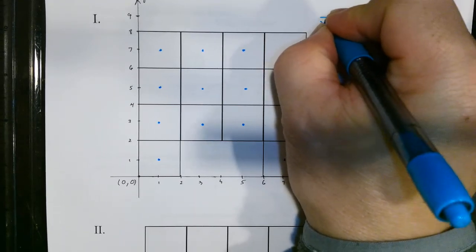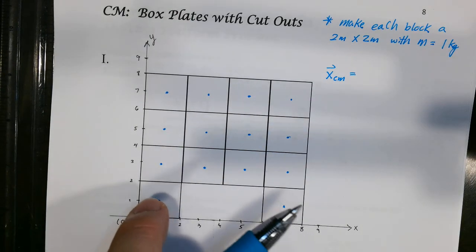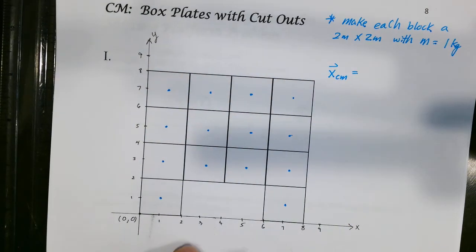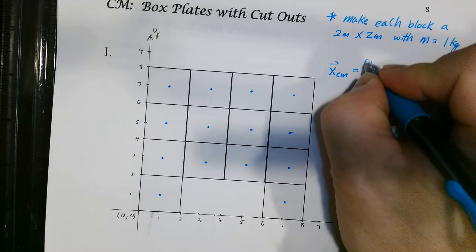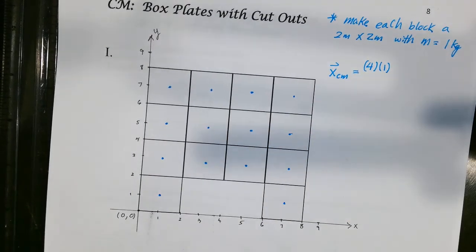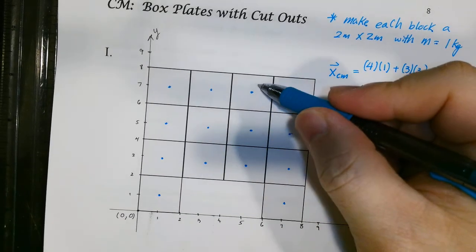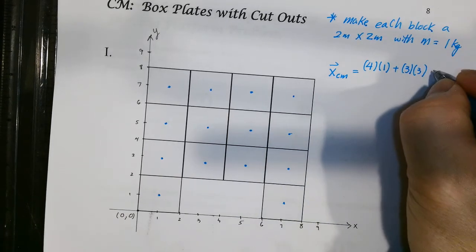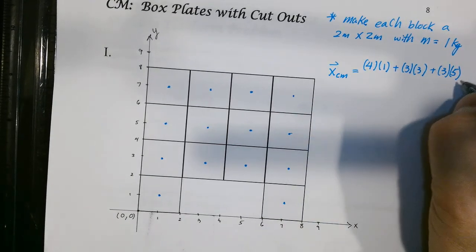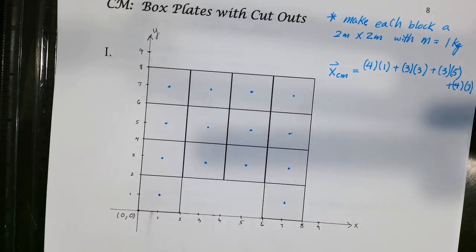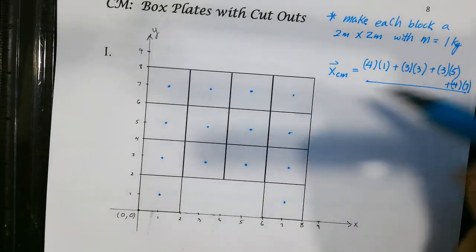So x sub cm is equal to: I have 4 times m1, which is 4 times an x1 of 1, and then plus 3 times 3, and then 3 kilograms times 5, and 4 kilograms times 7, whole thing divided by the total mass, 4 plus 3 plus 3 plus 4.